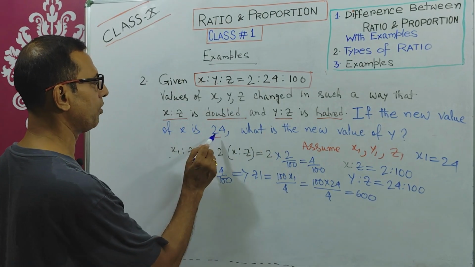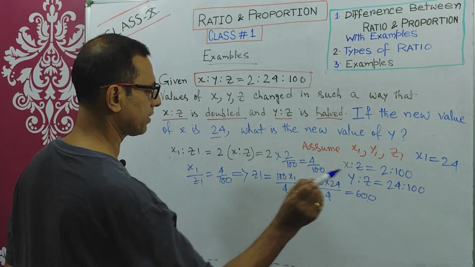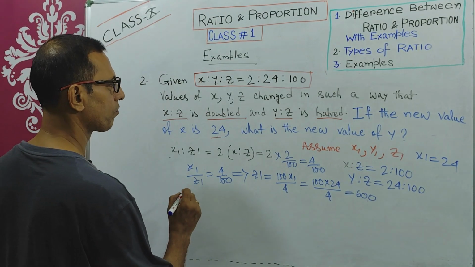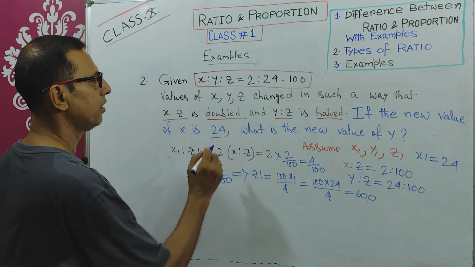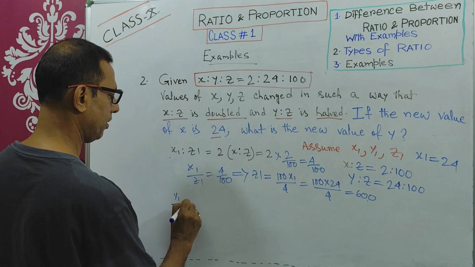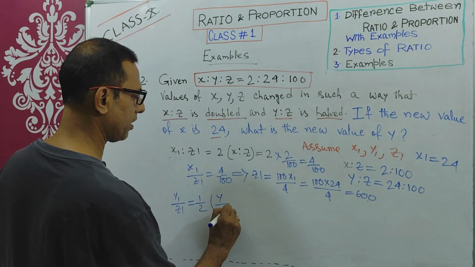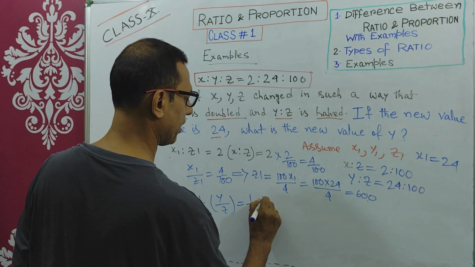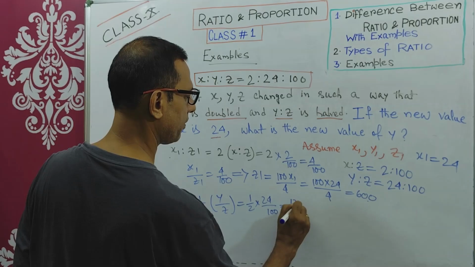So the new value of z1 is 600. So x1 is given, new value of x is 24, new value of z is 600. Now what is the new value of y? That means y is to z, that is halved. That means y1 by z1 equals to half of y by z. Y by z equals to 24 by 100, half of 24 by 100 equals to 12 by 100.